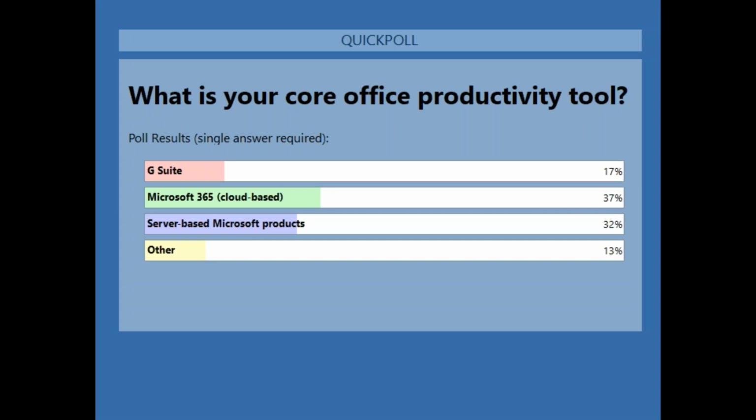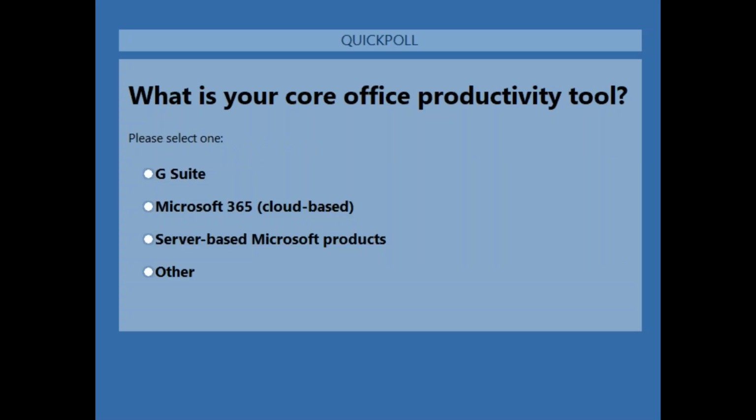So for those of you that are using something other, and for that 30-something percent of you that are using Microsoft server-based, you have one job, one task. Switch to the cloud. Switch to Office 365. You can do so through TechSoup Canada, which will provision an account for you for free.